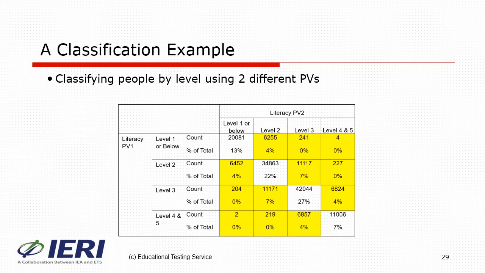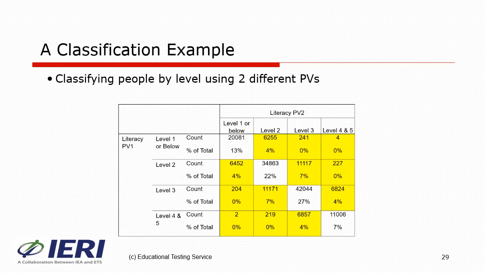Here we have an example of what happens when we use two different plausible values. Here you will see that we're using the first and the second plausible value in literacy.